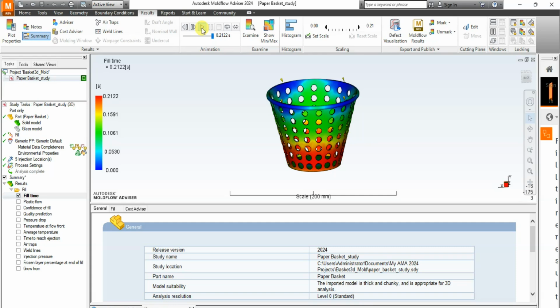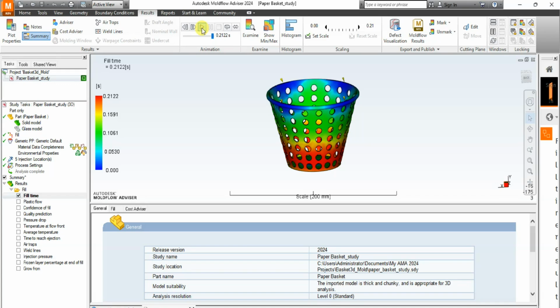Now, finally, under the fill time, let's talk about the race track effect. This is when molten plastic tends to flow into thicker regions more easily than the thinner regions. This reminds us of the previous ones we talked about, overpacking and of course hesitation. Some of these effects or attributes you are seeing during the simulation are interrelated.